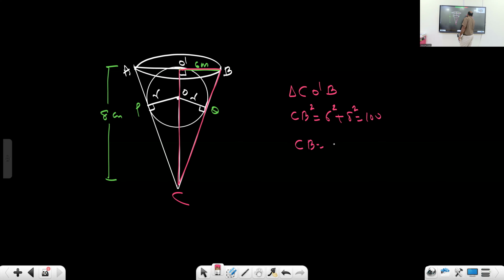So CB equal to how much? 10 centimeter. Or if you want, you can use the Pythagorean triplet also. This is 10 centimeter. That's the slant height.